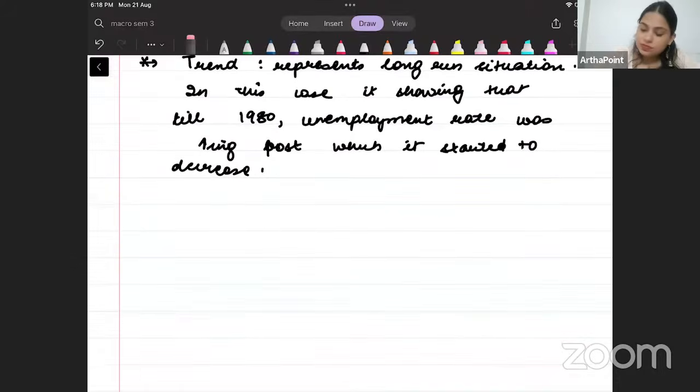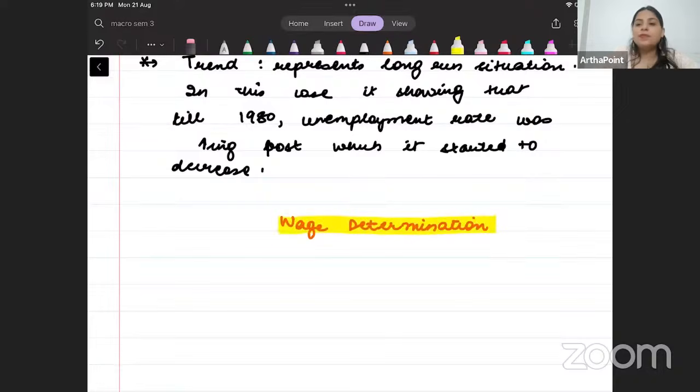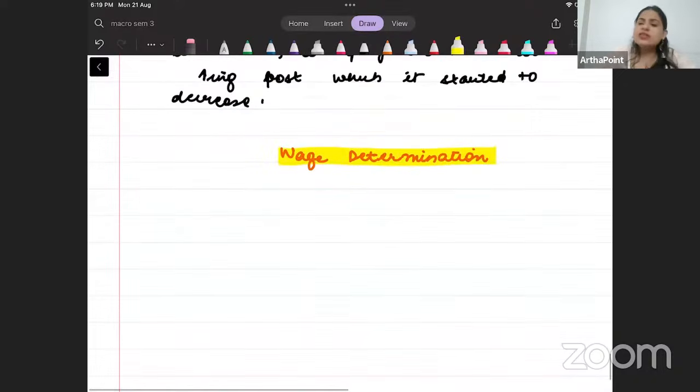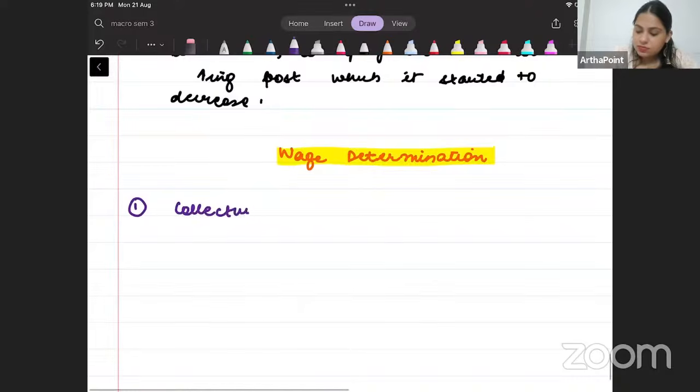Now, let us do the next part of it, beta, which is known as wage determination. Okay, and in this, the first thing I want to talk about, let's write them down together only, that is known as collective bargaining.